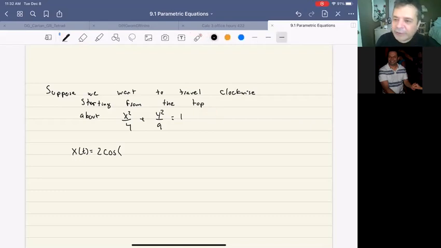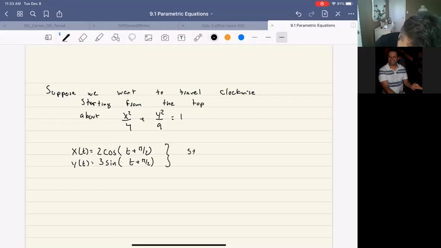That means I'm going to rotate it by pi over 2. So this starts it from the top, but this is still moving counterclockwise.